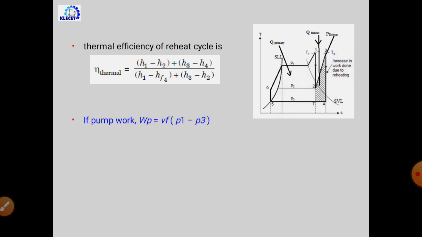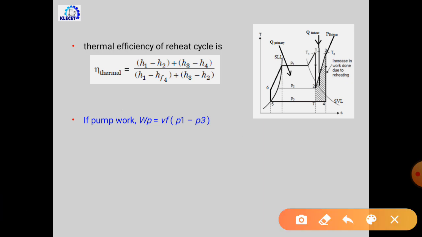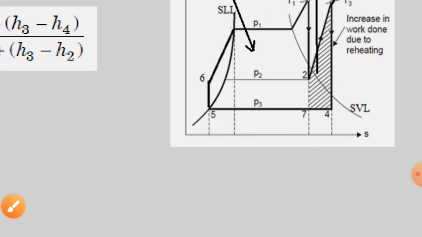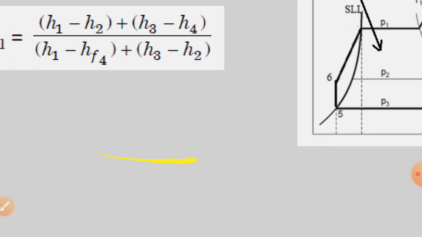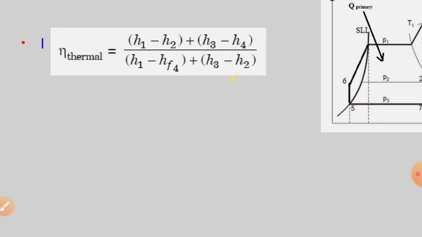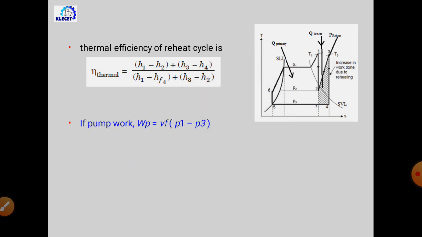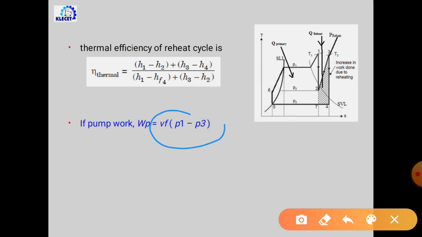So, after this, if we consider the pump work, the pump work formula we can write as Vf times P1 minus P3.